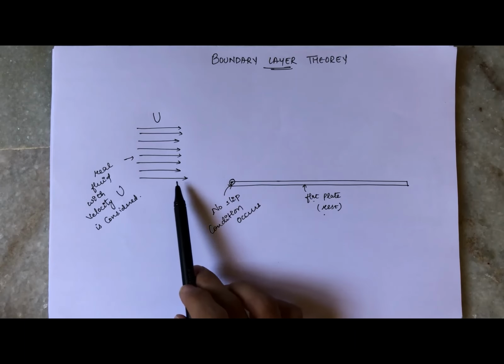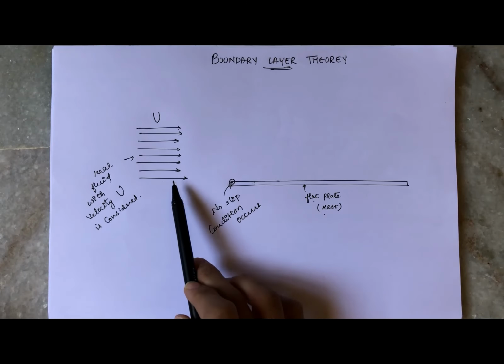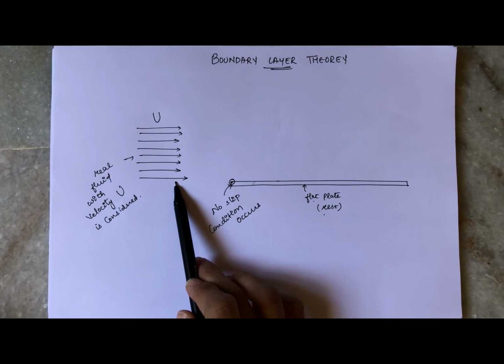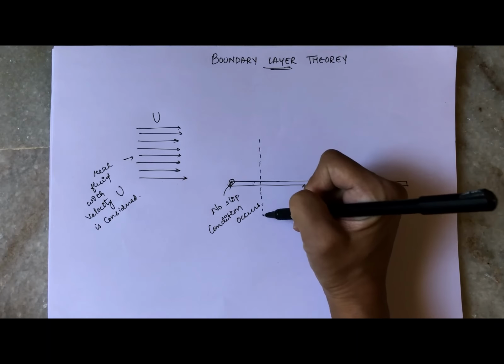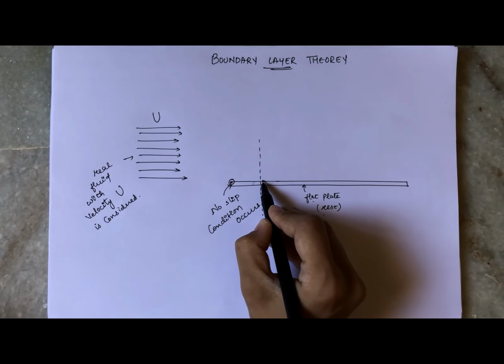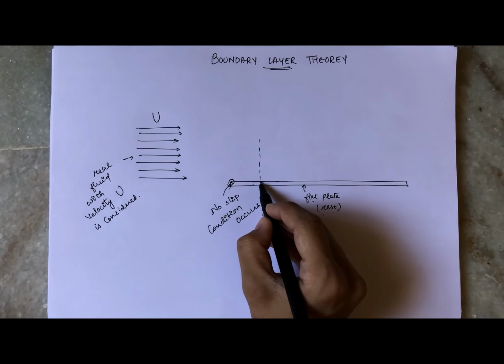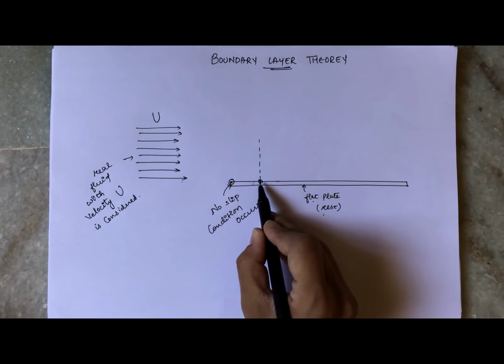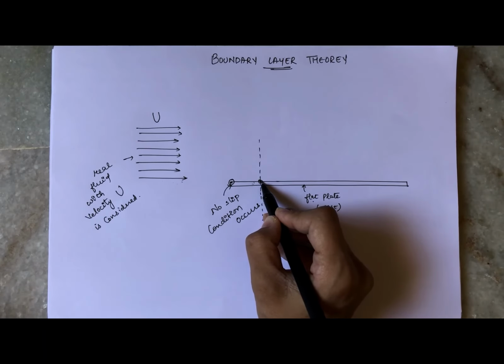When this fluid moves further over the flat plate, the plate will impart some resistive force on the fluid, and as we have considered a real fluid, the viscosity will exist. If I consider this section, the velocity of the flowing fluid is 0 at this point, and as it moves further there will be a change in its velocity.